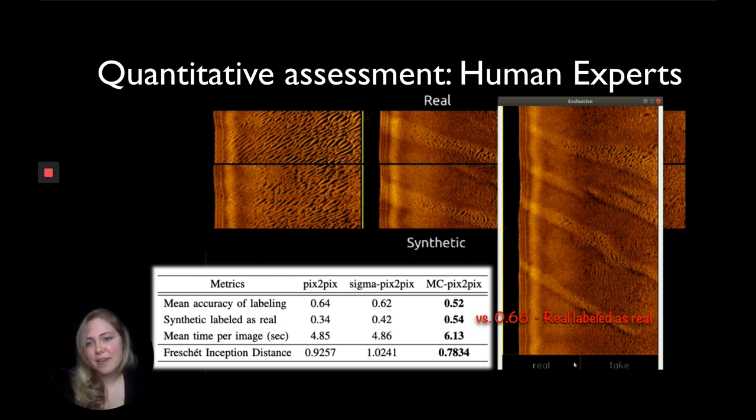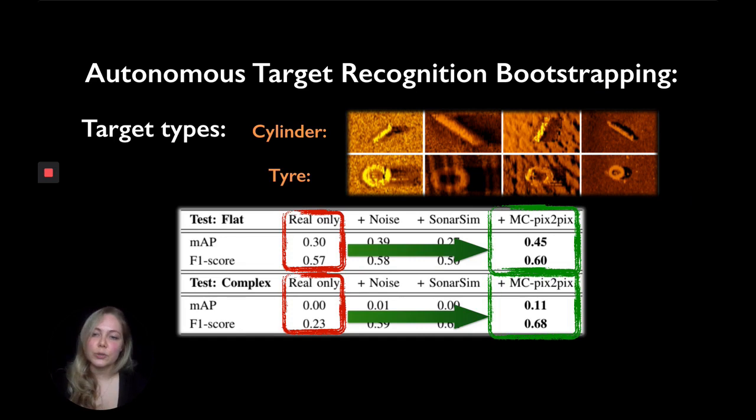Now, although our method is instantly useful as a visual simulator for training human operators, there are other means of applying it. For instance, you could use it to boost the training of your autonomous target recognition or detection systems. Here we just take the increment of adding our data into the training set.